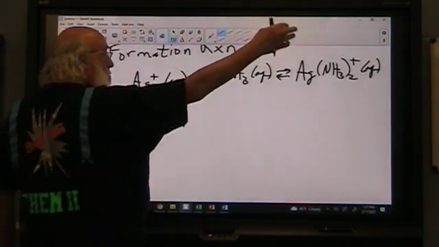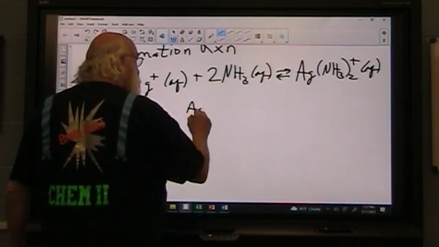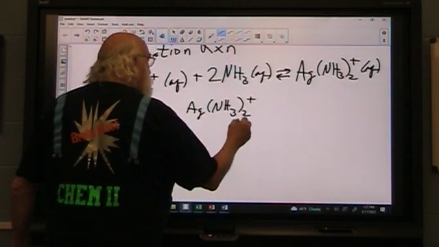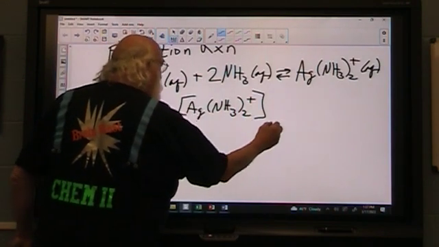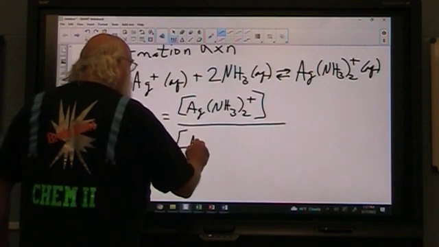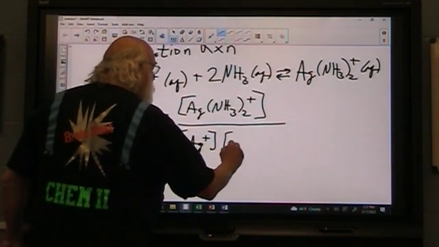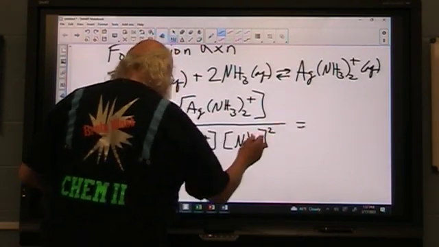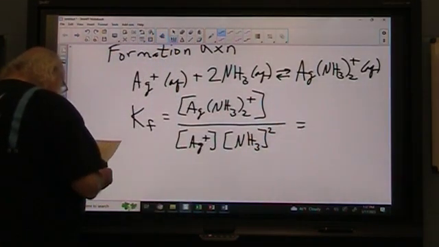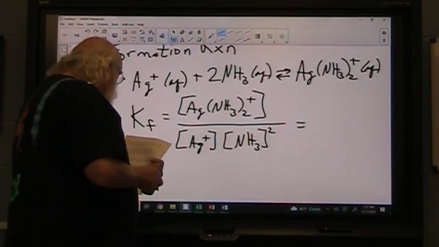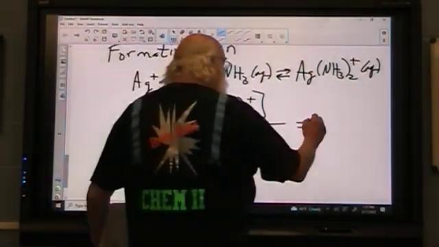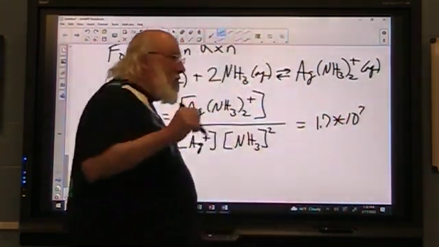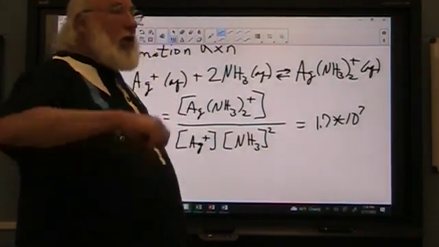And so it's, again, products over reactants: the concentration of Ag NH3 2 positive over the concentration of Ag positive times the concentration of NH3, and that will indeed be squared. And there is a value for this, and I'm hoping I wrote it down. Yes, it is 1.7 times 10 to the 7th. Not negative 7 like all the others we had up to this point, positive 7.